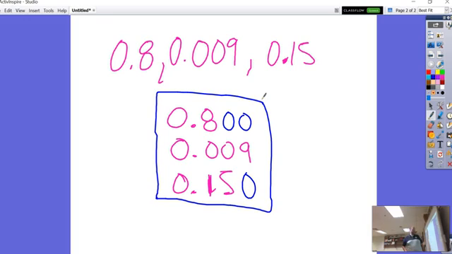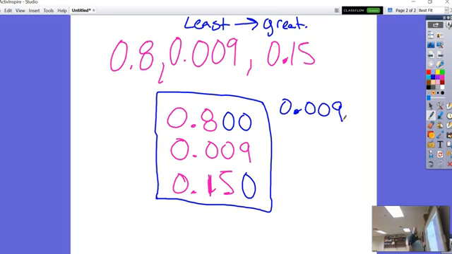Now I want to relate it back to what we did at the beginning. I know that 9 is less than 150, and 9 is less than 800. So that has to be my first number when writing least to greatest. The 9,000ths is my smallest number. Now, is 800 or 150 the smaller number?